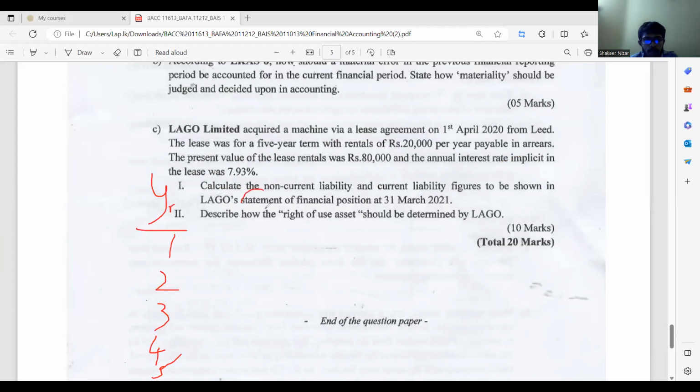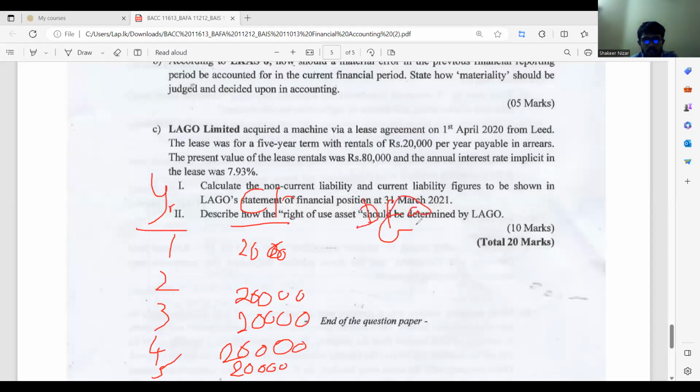The cash flows are 20,000 each. After discounting with the factor at the implicit rate of return of 7.93%, you multiply it and get the present value.